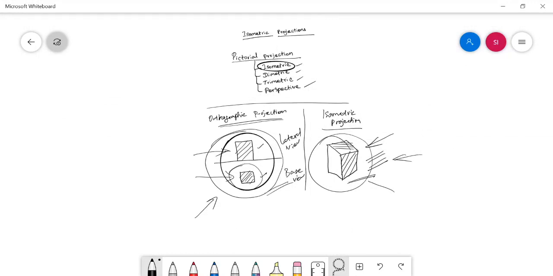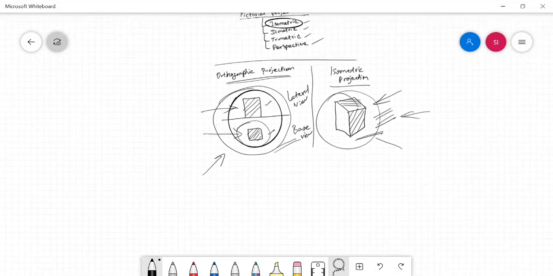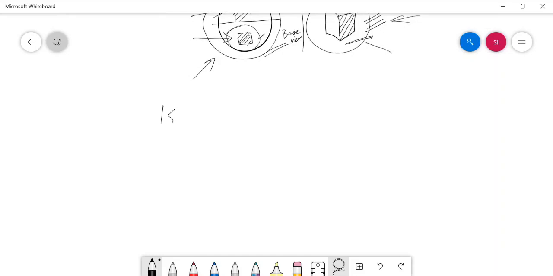Next, we need to know the difference between isometric projection and isometric view.